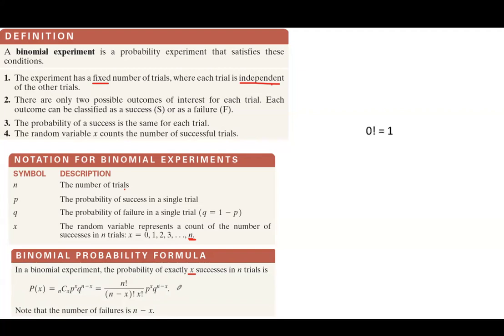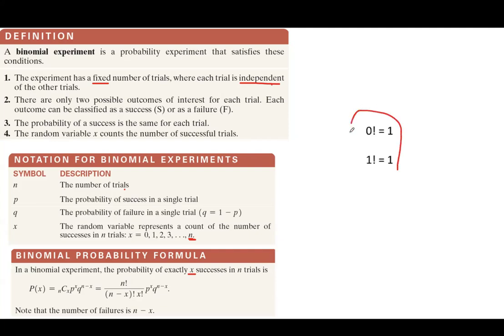So what is factorial? In math, factorial is a shorthand form to represent multiplications. First of all, by convention, 0 factorial is equal to 1. 1 factorial is equal to 1 as well.